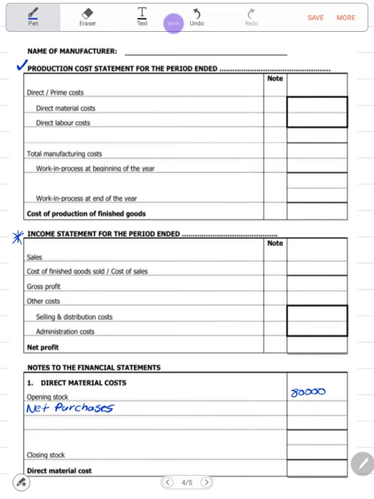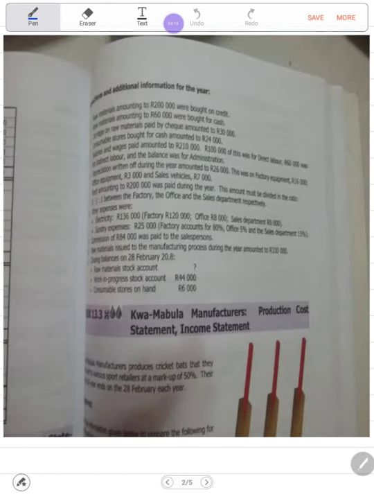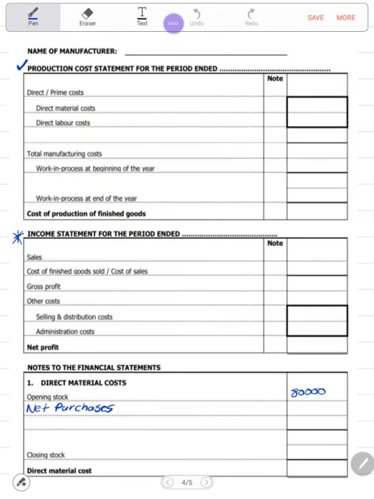So let us go and have a look. Yes, we did these first two transactions. Raw materials amounting to 200,000 were bought on credit. Raw materials amounting to 60,000 were bought for cash. Irrespective of whether it was bought cash or credit, I need to add it because I've purchased raw materials.